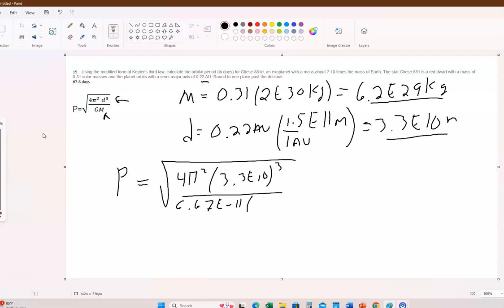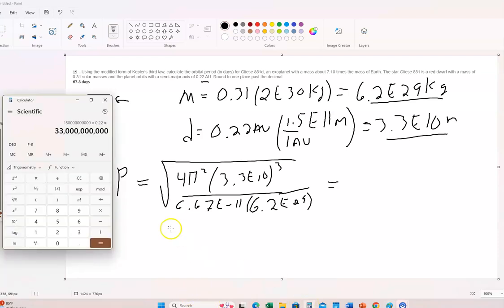Remember, it's the period of the planet, but the planet is orbiting the star. So the star's mass is 6.2 times 10 to the 29th, in kilograms. This will give us the period in seconds, and we'll convert that to days in just a moment.